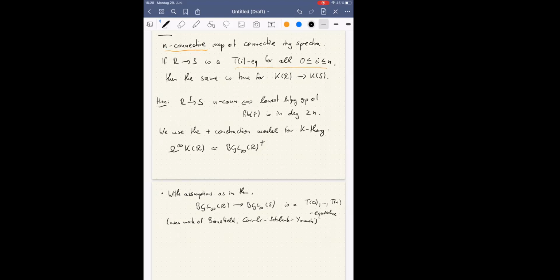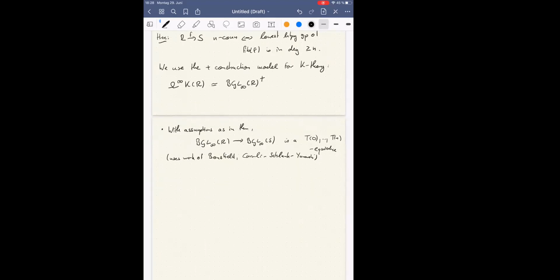It's really something about unstable chromatic homotopy theory. I don't want to say more about this, but what we do is maybe not particularly deep, but we use quite non-trivial input from unstable chromatic homotopy theory.